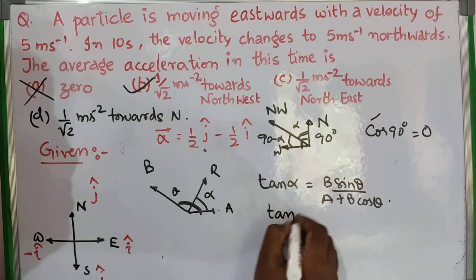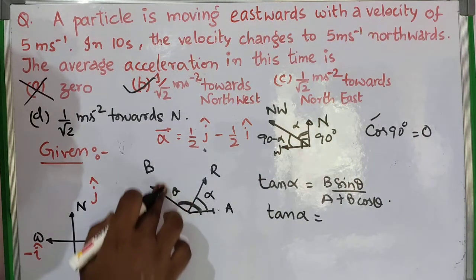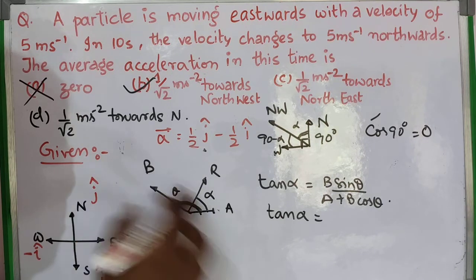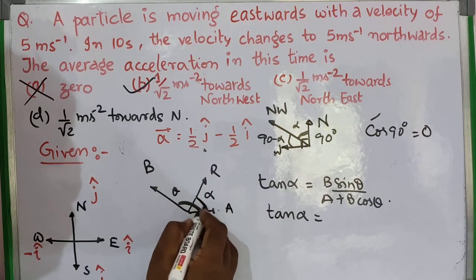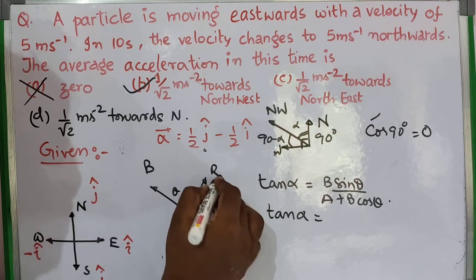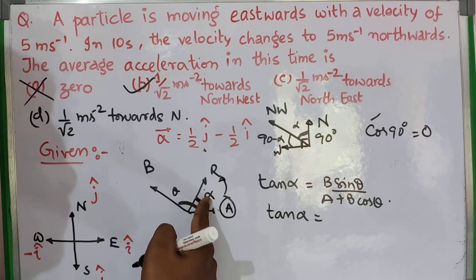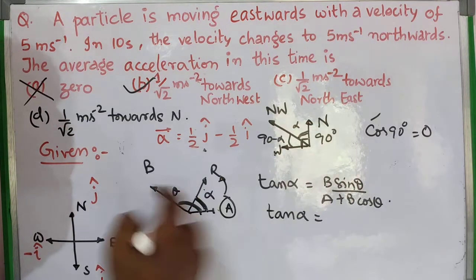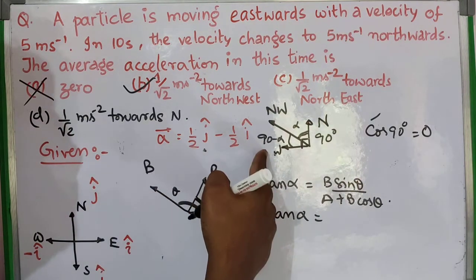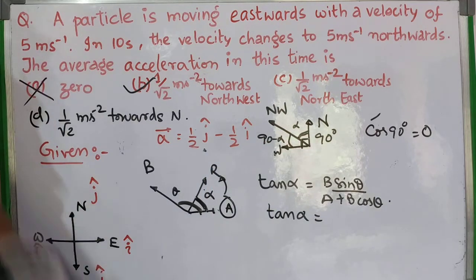Okay, so what is the angle we are going to get? Tan alpha is equal to B sin theta. What does B sin theta mean? We are finding the angle with respect to A, which is alpha. So B sin theta means you have to write the component which is along west.